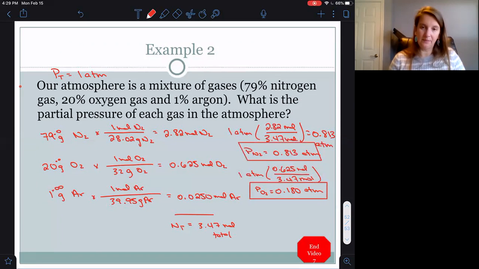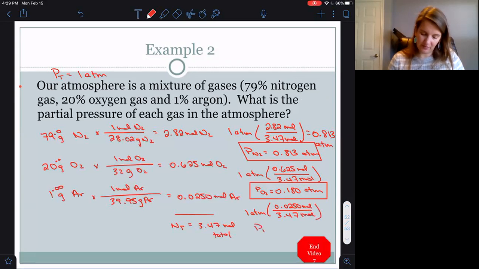Then lastly, I've got my partial pressure of my argon. So I have 1 atmosphere, and I'm going to be multiplying that by my amount of moles of the argon over my total moles.